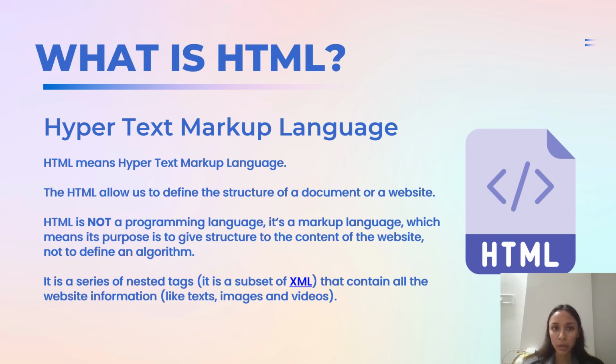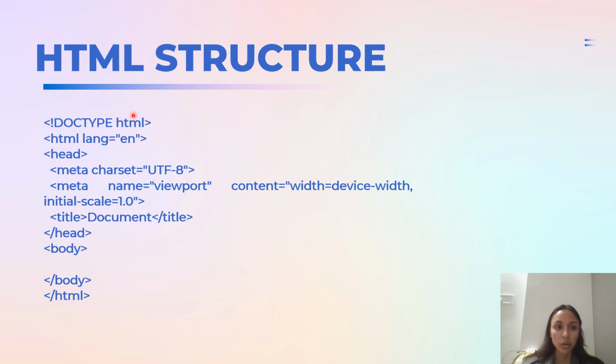So let's go ahead with the structure of HTML. Basically, the structure of HTML includes doctype HTML. So what does doctype HTML do? Basically, doctype HTML tells us what the file is or what the version of the file is. Then HTML is a root element of the file which tells us that it is an HTML file.